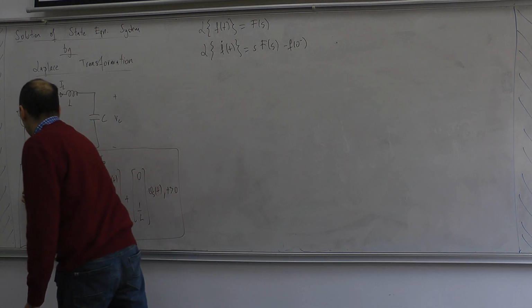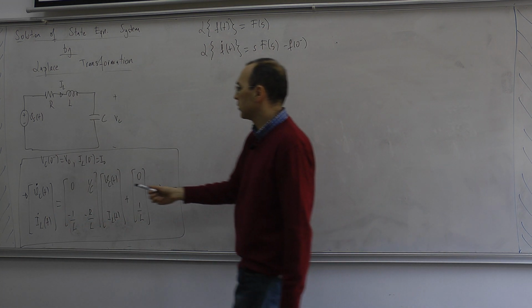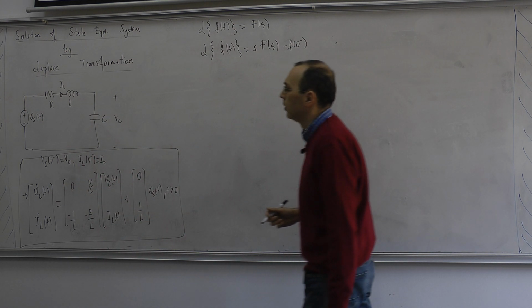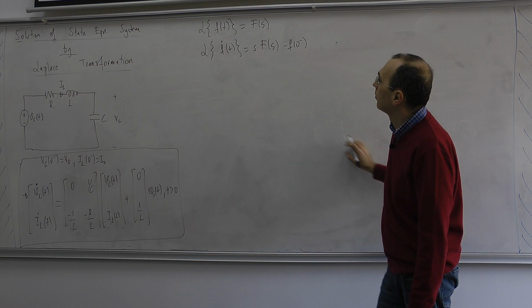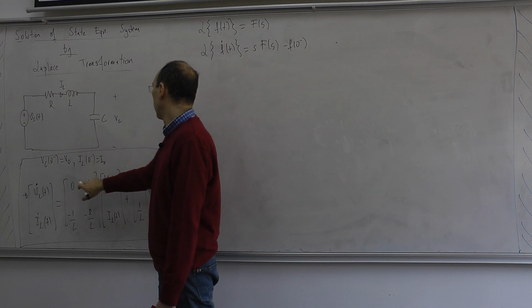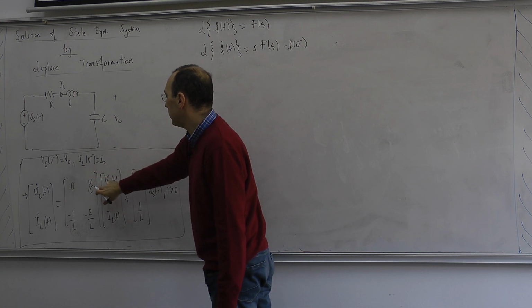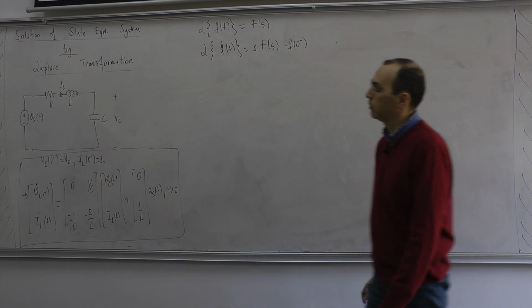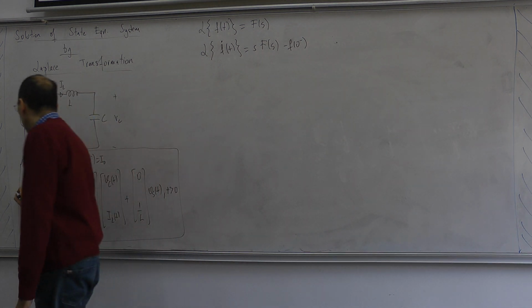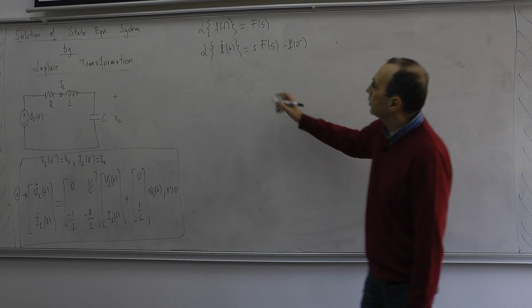Okay. So if I focus on this first equation, what does it say? Laplace transform of Vc dot of t is equal to Laplace transform of, what do I have on the right hand side? 1 over C il of t, isn't it? That is it. So if I take the Laplace transform of my first equation, what do I get?